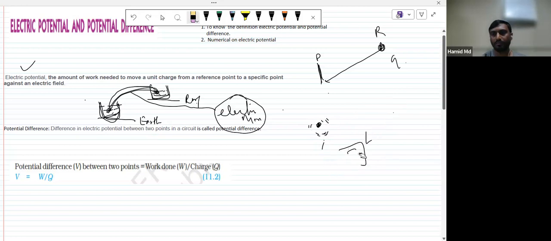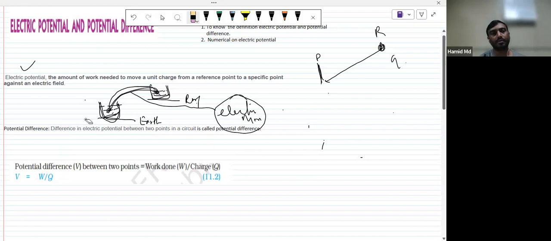Now, can you tell me the definition? Can you frame it? The work done of pushing against the electric field.